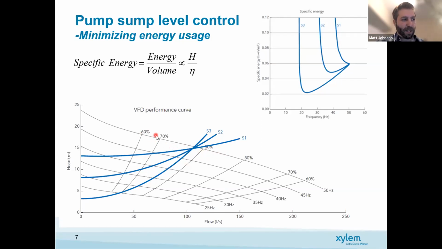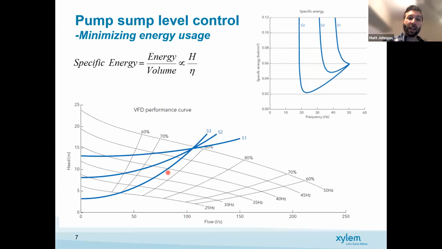You'll see you got 60%, 70%, 80%, and then it goes back down. So your peak efficiency is kind of between these two curves. But in the S3 system, you see the head is decreasing, but your efficiency isn't changing at that same rate. The efficiency is staying high. So you're getting the best of both worlds there.